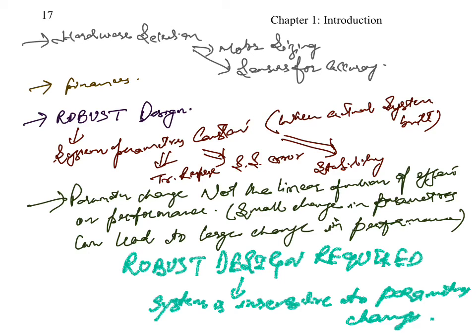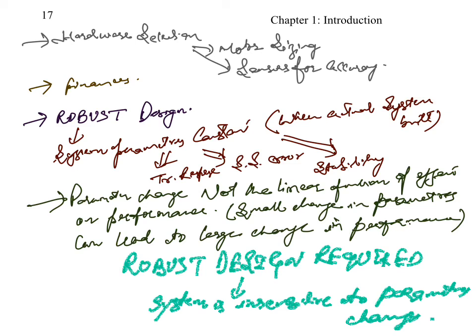When we design the system, the system parameters are constant for the transient response, steady state errors and stability when the actual system is built. However, with time the parameters will change, and the effect of parameter change on performance is not a linear function.